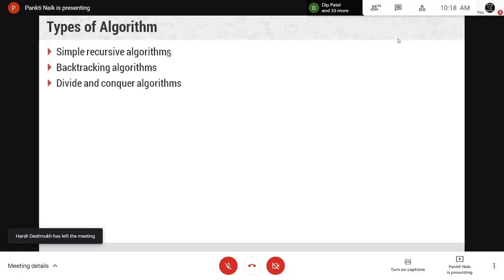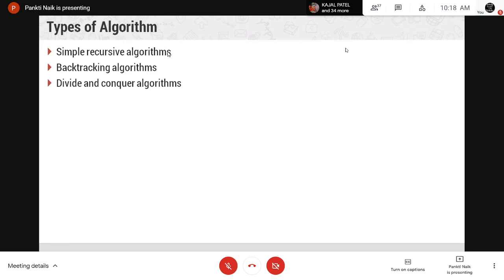The third type of algorithm is divide and conquer algorithms. In divide and conquer, we divide our data set into two or more parts, then apply the algorithm on each individual part. After applying the algorithm, we conquer or gather the outputs of each and every part and get the desired output.